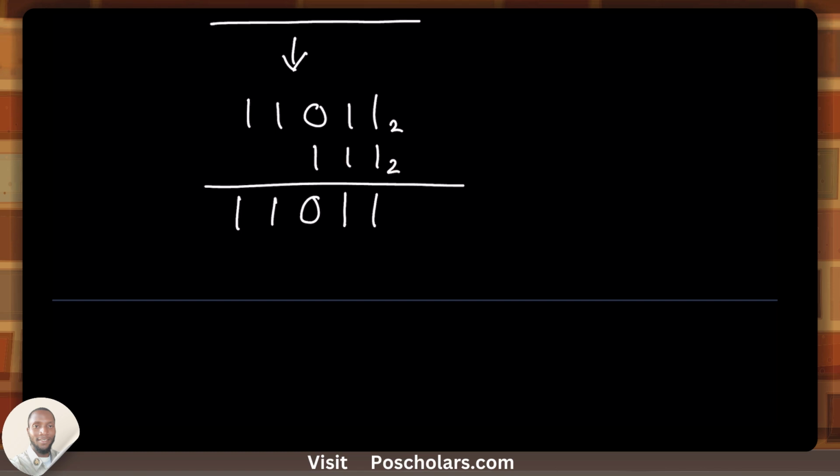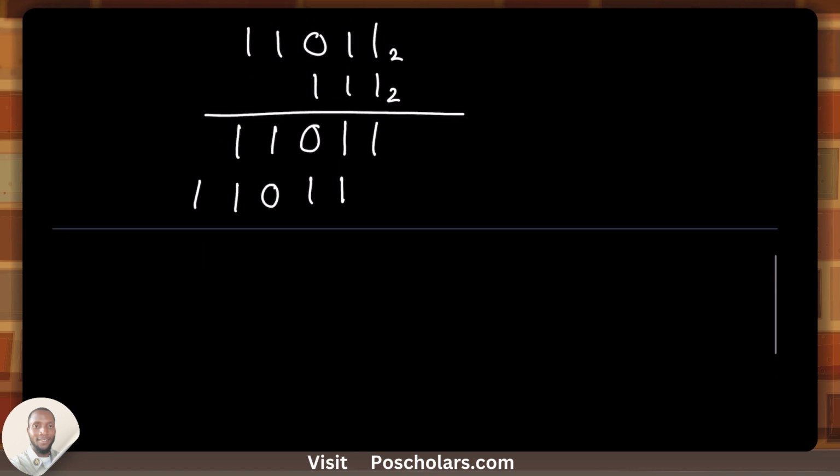So we can write 1 1 0 1 1, and for the last one 1 1 0 1 1, right? The multiplication of the first digit gives this, the second digit gives this, the third digit gives this. So they are the same.